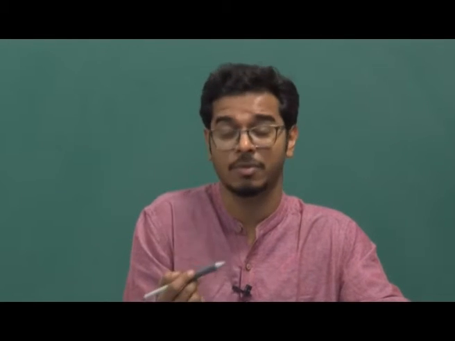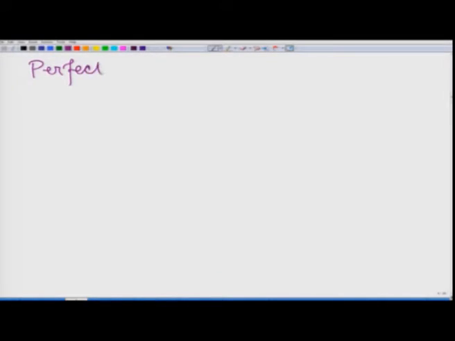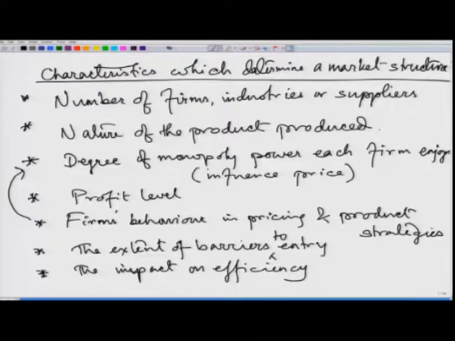In the case of perfect competition, while I discuss the characteristics of a perfectly competitive market, it is of course one extreme market structure. The first point, if you remember, we started with the number of firms.